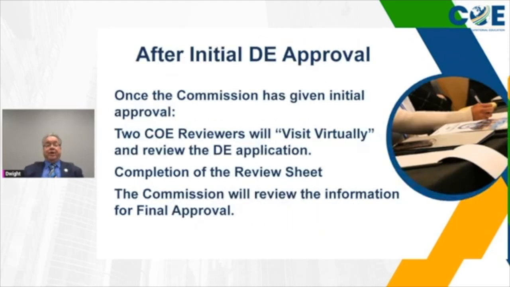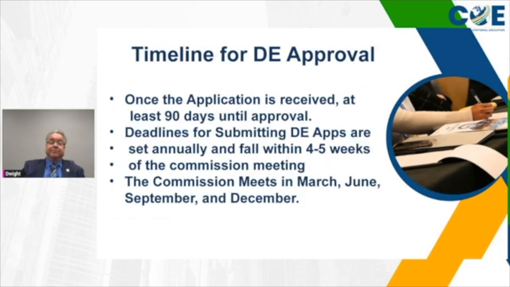After you have your initial approval from the commission, 2 reviewers will virtually visit and review your DE process, and they will complete review sheets. Once the review sheets are submitted, the commission will issue final distance education approval.